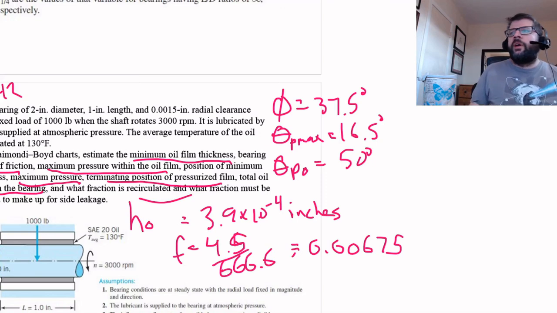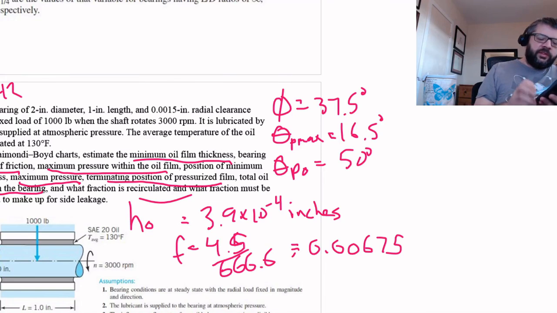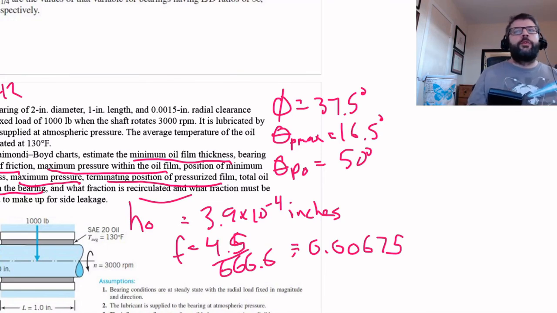So the question asked for what fraction needs to be introduced to make up for side leakage and what fraction is recirculated. So the fraction that needs to be used to make up for the side leakage is the 0.84, whereas the remainder is the portion that's recirculated.